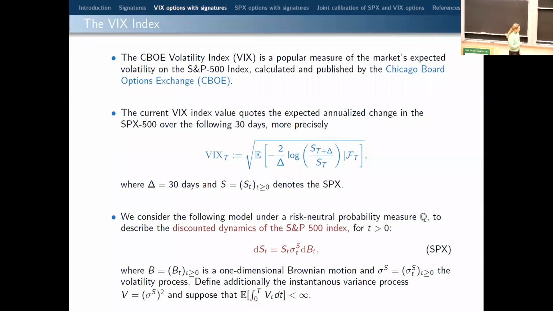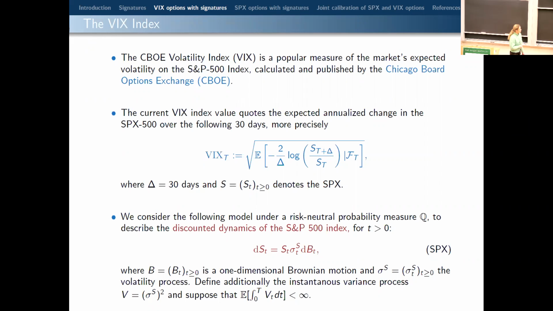And we now consider the specific model framework that I already showed you at the beginning. We have this risk-neutral dynamics for the discounted S&P 500, where the volatility is a linear function of the signature of an underlying process, which I will introduce on the next slide.